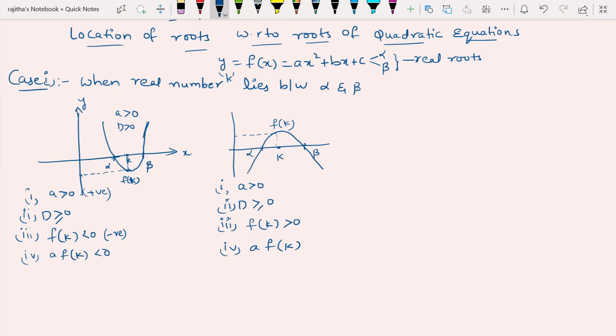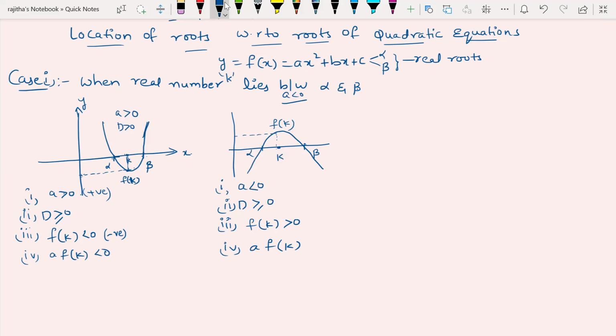Sorry, observe clearly. Here the graph is in the downward direction, so a is less than 0. When a is less than 0, the graph is in the downward direction.